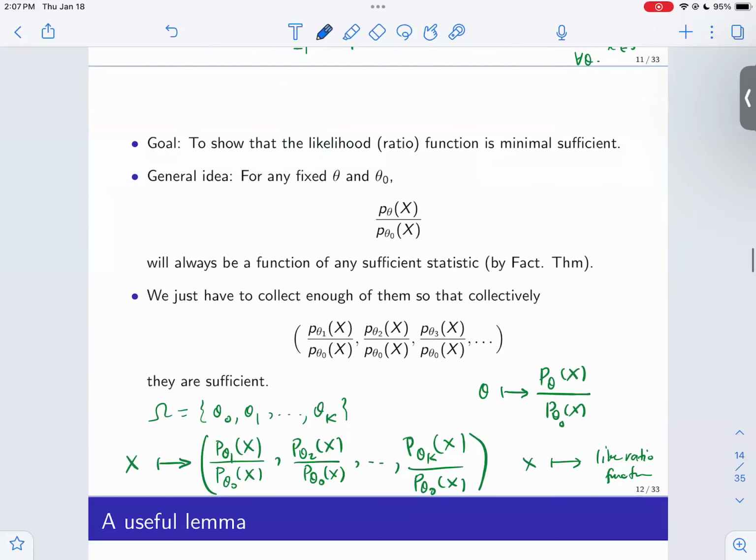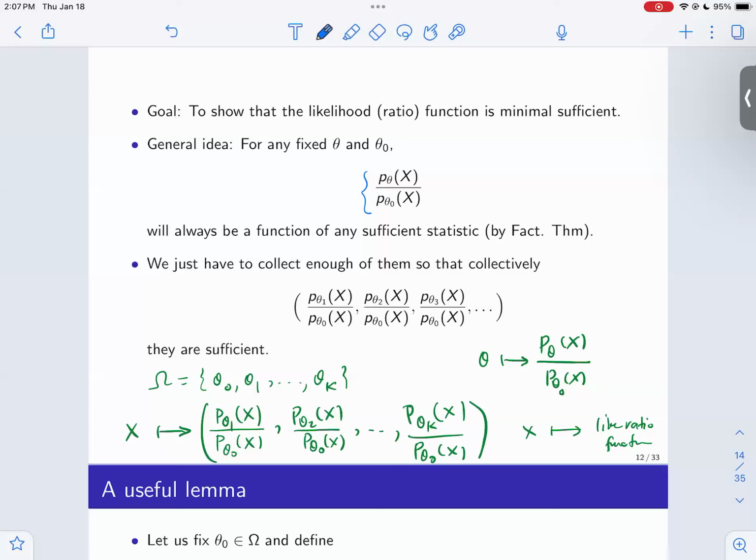What is the likelihood, in a sense, of the data under the one versus under the other? And so the idea is that by the factorization theorem, we'll see this shortly, this can be written as a function of any other sufficient statistic. So this automatically satisfies the second criterion. It's just that it may not itself be sufficient.